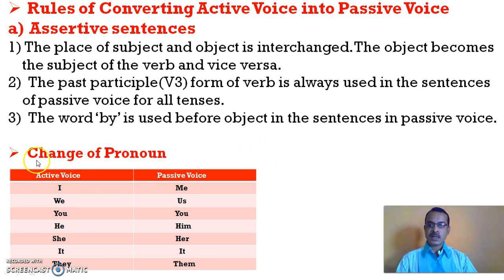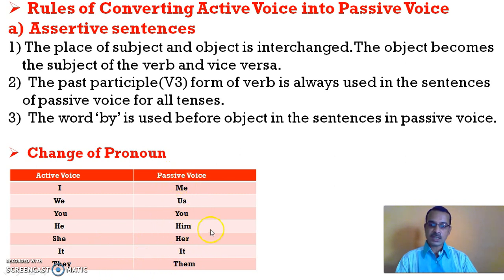Now here is the list of change of pronoun. These pronouns are written as I, we, you, he, she, it, they in active voice, but they become: I becomes me, we becomes us, you becomes you, he becomes him, she becomes her, it becomes it, they becomes them in passive voice.